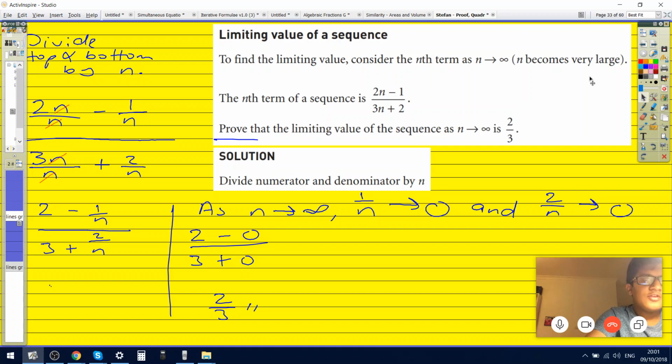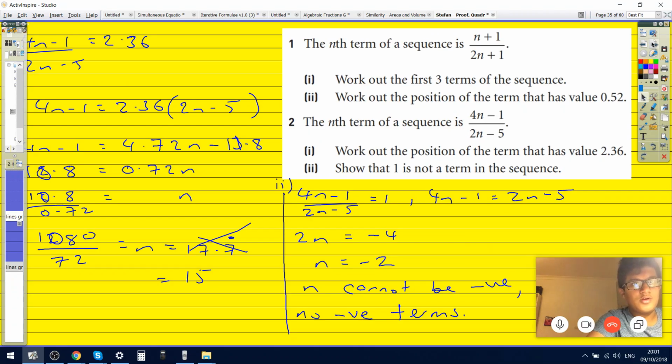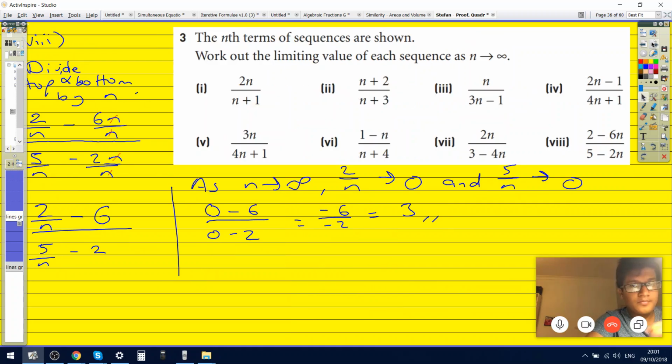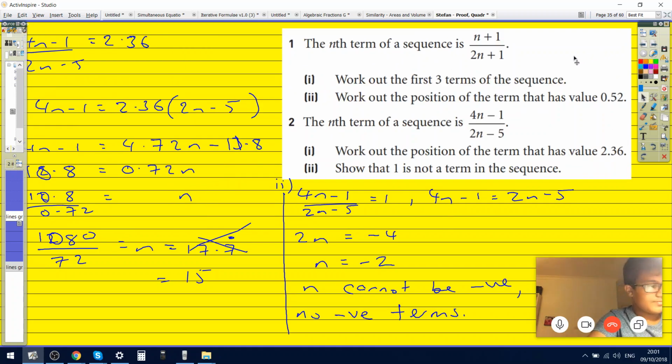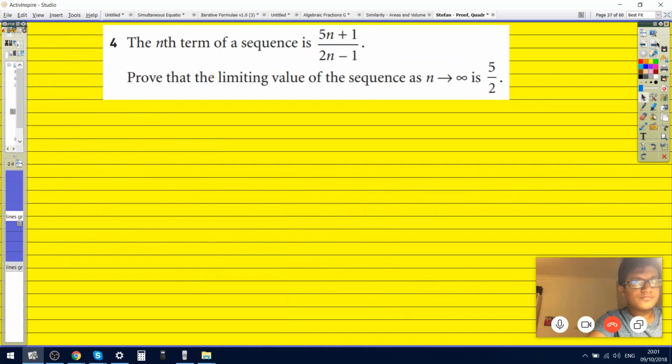So basically you say n is tending towards infinity, 1 over n is tending towards 0, and the other thing that's over n is also tending towards 0. So you write it out and include those zeros to replace the n values. So then you get your answer as 2 over 3 if it's like a proof. That's it. So it'll always be a over n tends towards 0 as n tends towards infinity. You always do it by dividing top and bottom by n. The other ones I think you're quite good for. You make it equal to it and then you solve.